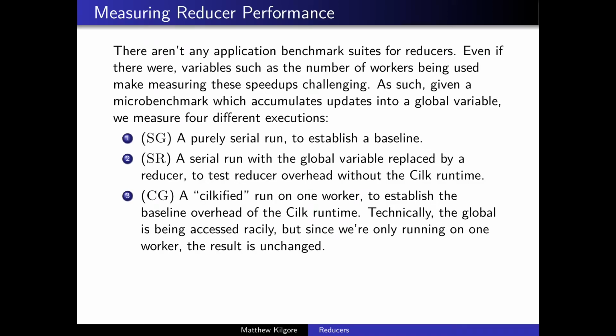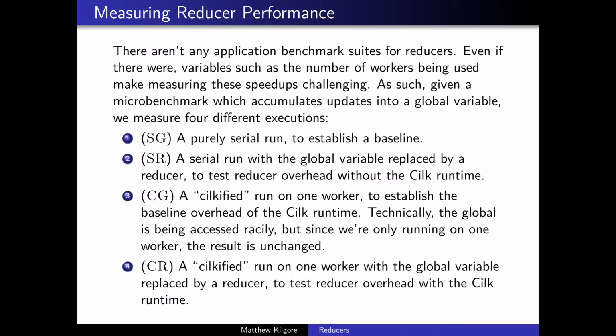Then we have Cilk global, where we take the micro benchmark, insert a bunch of appropriate Cilk syncs and Cilk spawns, but we keep the global variable. We only run on one worker, so even though we're technically accessing it in a racy manner, everything works out fine.